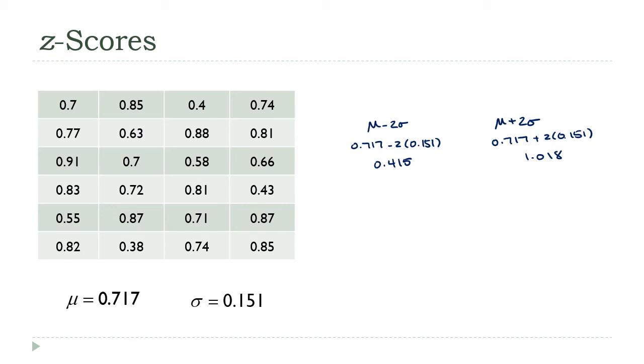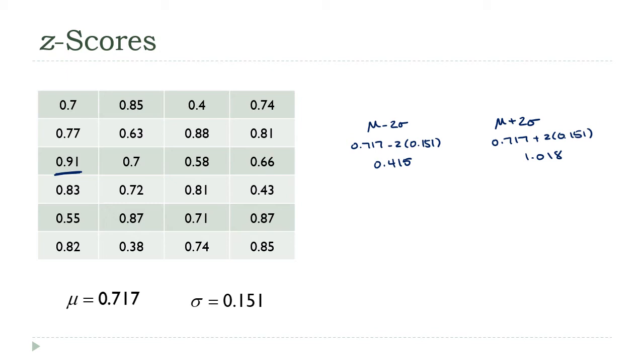So do I have any numbers that are greater than 1.018? Well, I don't. My biggest value is, sorry, the numbers aren't sorted, are they? Got to be careful. The biggest number is 0.91, and that is less than my upper limit. So I don't have any outliers on the upper end of the data.